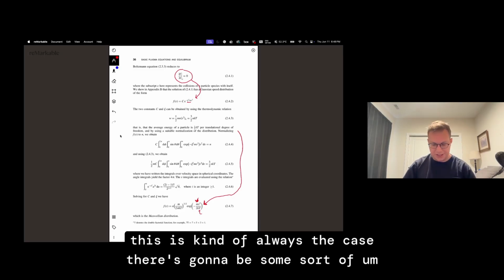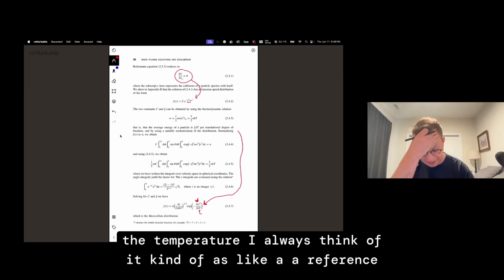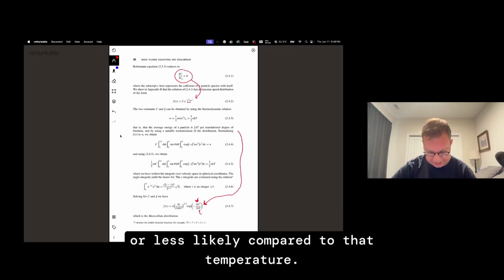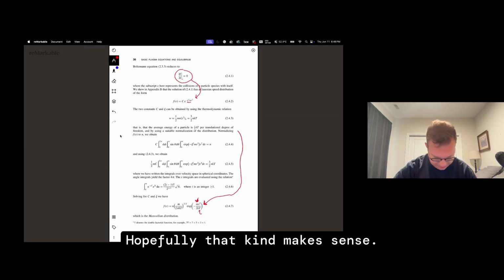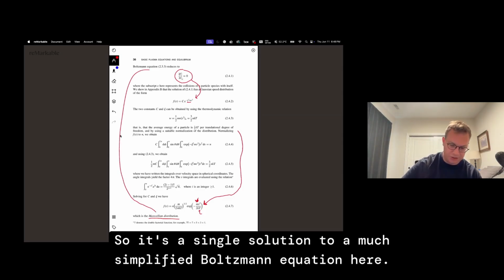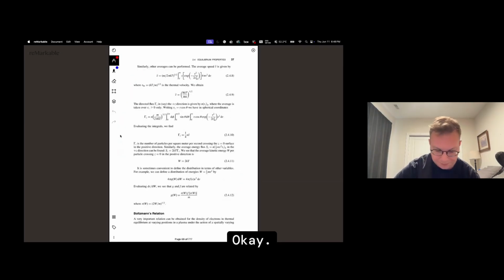This is always the case. The temperature I always think of as a reference scale of the system, and then the velocities will be more or less likely compared to that temperature. Hopefully that makes sense. We call this the Maxwellian distribution. It's a single solution to a much simplified Boltzmann equation.